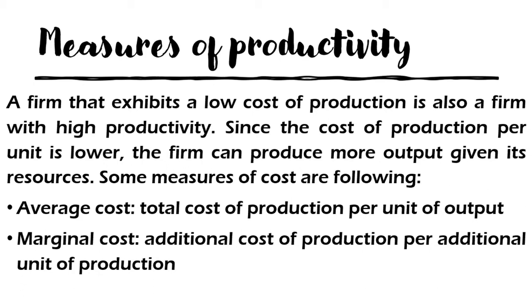So average cost, which is the total cost of production per unit of output, and then the marginal cost, additional cost of production per additional unit of production. So basically, pag low cost of production, mataas din ang productivity. Yung kumbaga, in short, mababa nga yung gastos mo, and then at the same time, marami kang na-produce na output. So, you are being now productive.